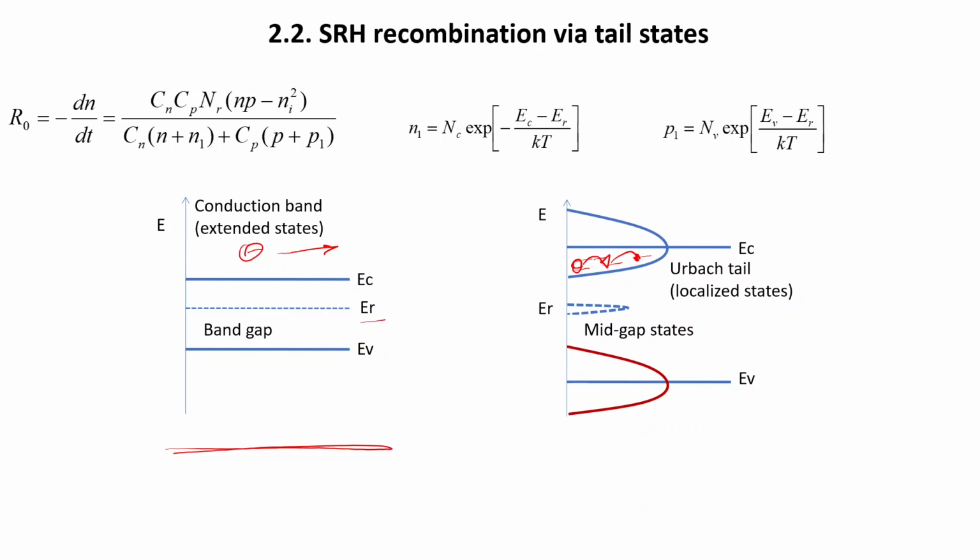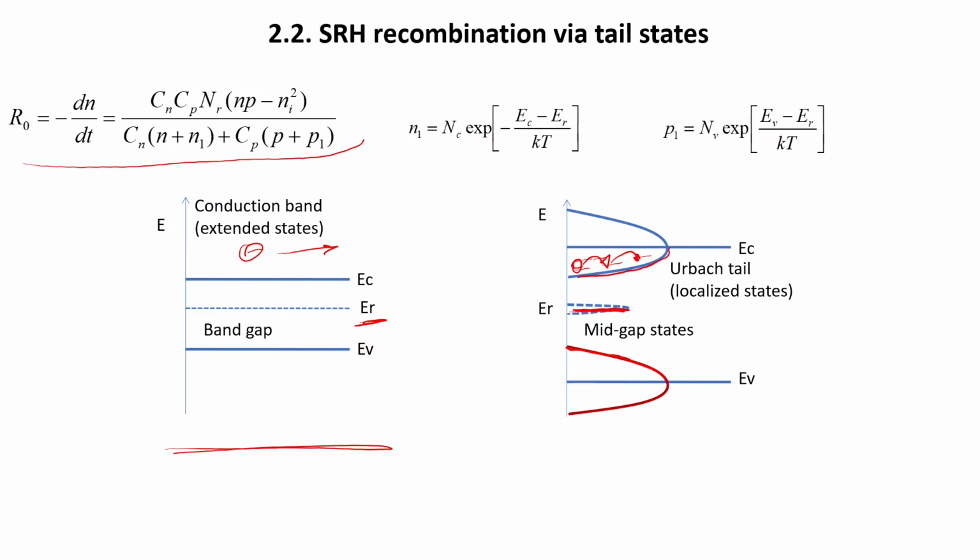So if we have some deep energy level, we know what the net recombination rate of trap-assisted recombination will be. It is possible that we also have a single localized energy level in the band gap of an amorphous semiconductor, but besides that, we also have these tails of localized states, and they can also participate in the recombination process, because these are localized states.